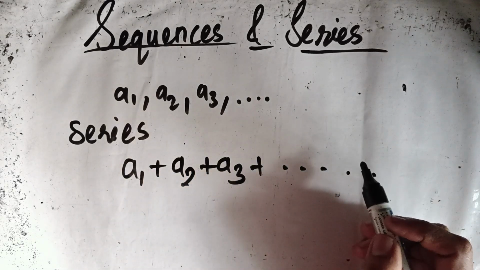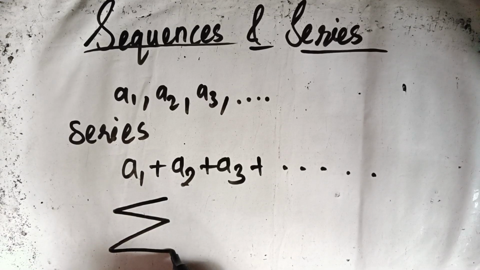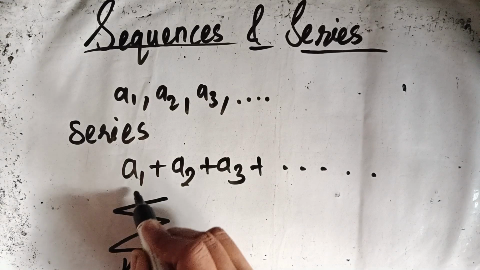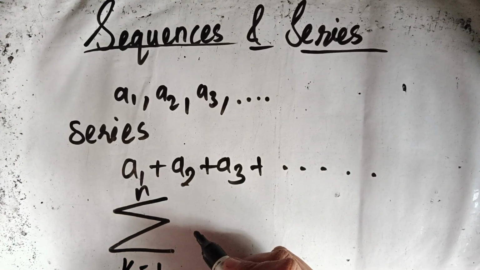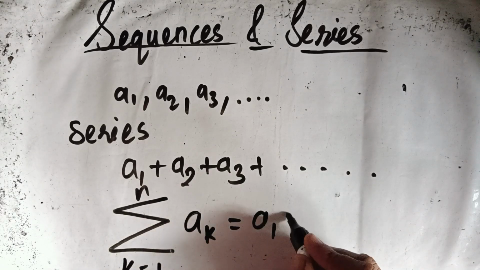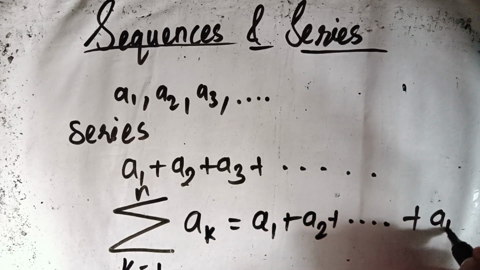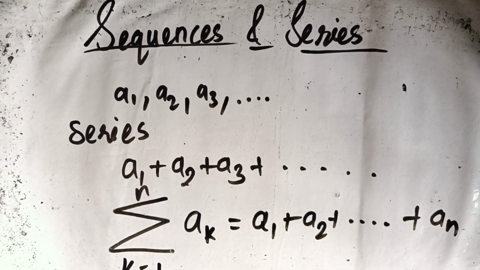Okay, and it is denoted by sigma, from 1 to n. This is a finite series, sigma AK. Okay, so it starts from A1 plus A2 plus dot dot dot an. So you have to add the numbers accordingly as they are given in sequence. Okay, this is a series.